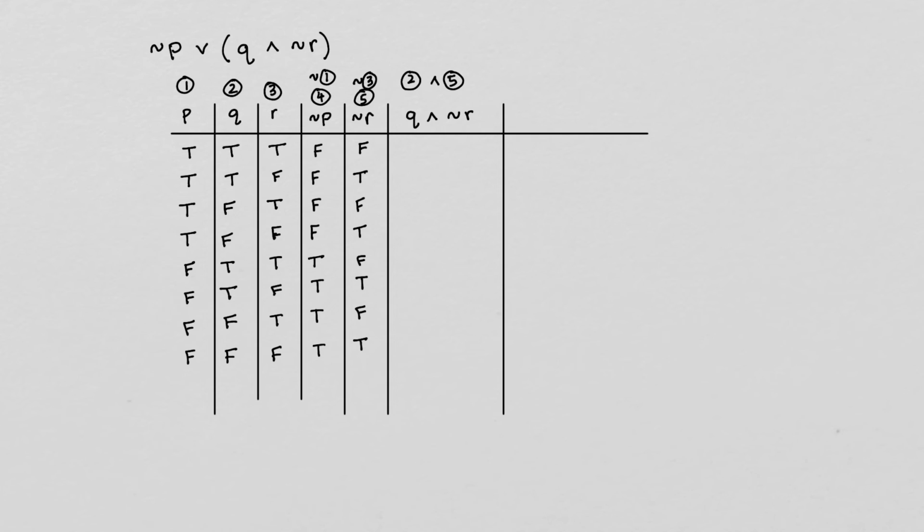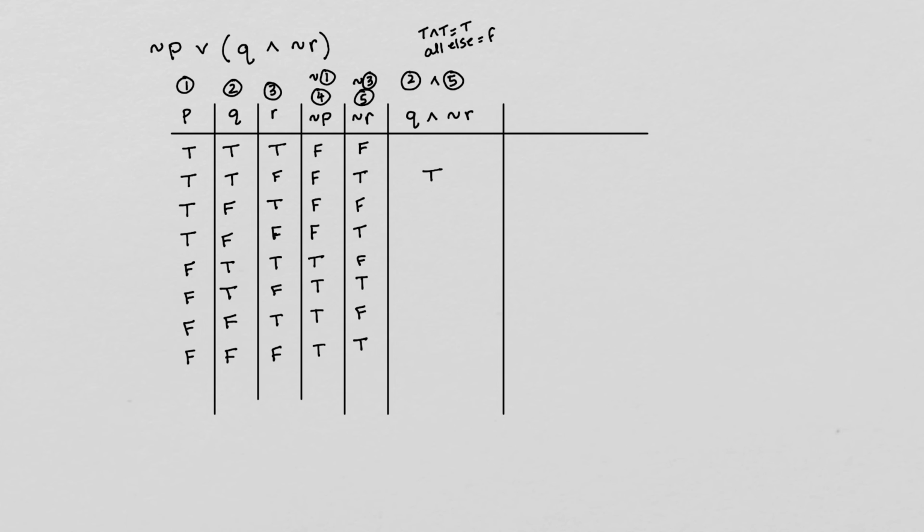And because it's and, I know that true and true equals true, all else is false. So I will actually go through and just look for 2 trues. I've got that in row 2.